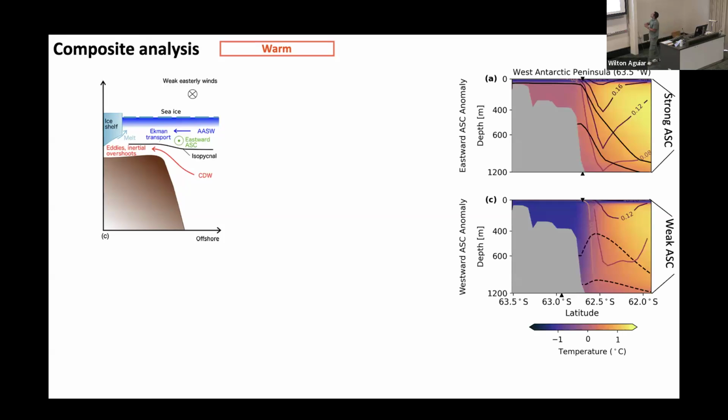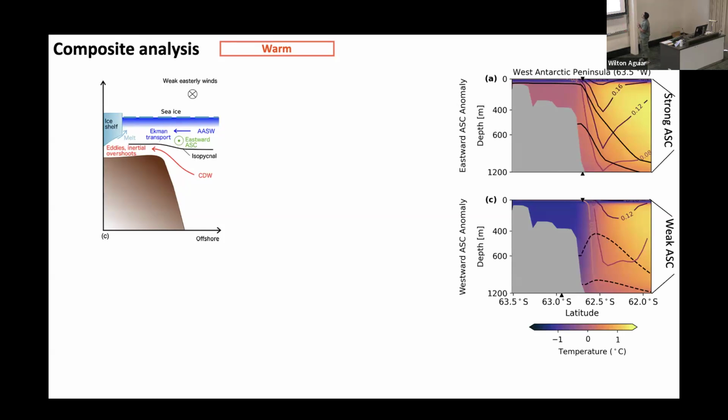So here on the top we have the composites for a strong AAC, so a strong eastward flowing AAC, and the bottom is a composite for the weak AAC. The black lines here show, especially the top black line, the top of our Circumpolar Deep Water layer, as defined by our H definition, and the other line is the middle of our Circumpolar Deep Water layer.